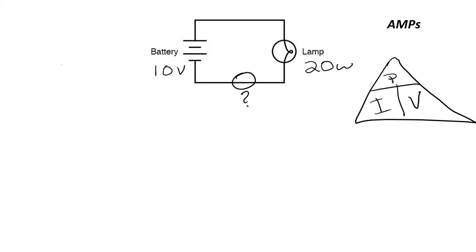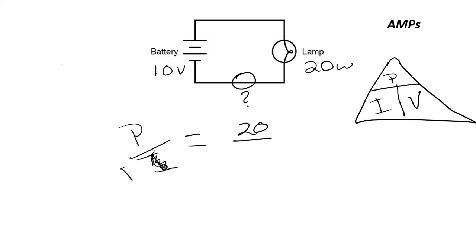So I'm looking for amps, right? So I got P and V. P is divided by I. So P divided by I equals, what's my P? It's 20. Oops, not divided by I, I'm sorry.